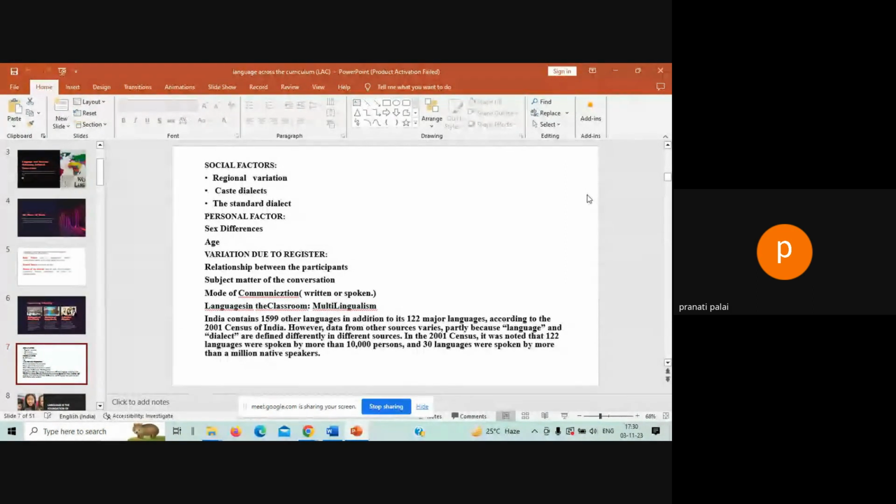We can say that our dictionary is a standard dialect. Once it is codified, all the citizens or all the people must obey the dialect. It is not necessary that a standard dialect must be spoken by a lot of people. No, some standards and some rules and regulations are fixed, so it is called a standard dialect. It must have some characteristic or criteria within it.